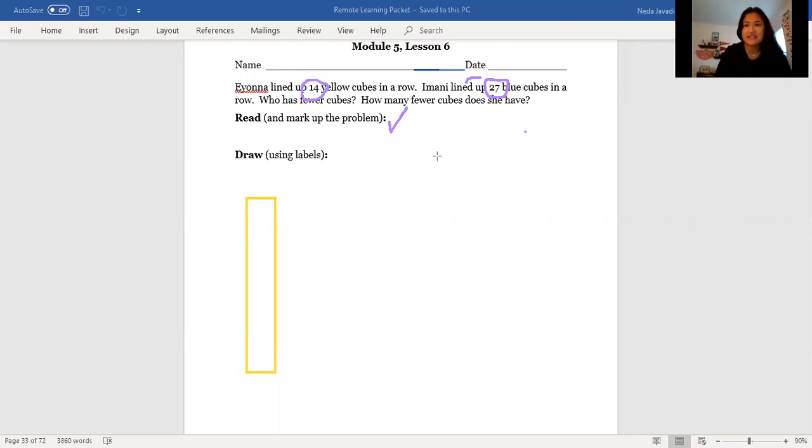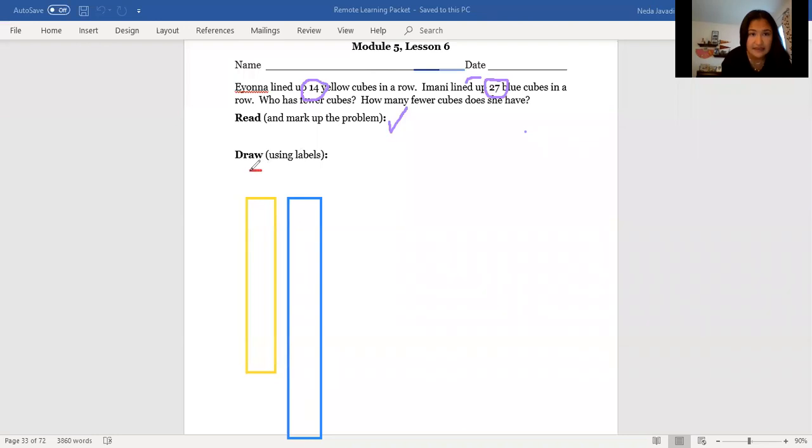Imani has 27 blue cubes. So now I'm thinking I'm going to draw Imani's cubes, but am I going to draw more or less cubes than the ones Iana has? I know that the number 27 is bigger than the number 14, so I'm going to draw more blue cubes. Now, we can't forget to label, so let's label Iana's with the letter E and Imani's with the letter I.